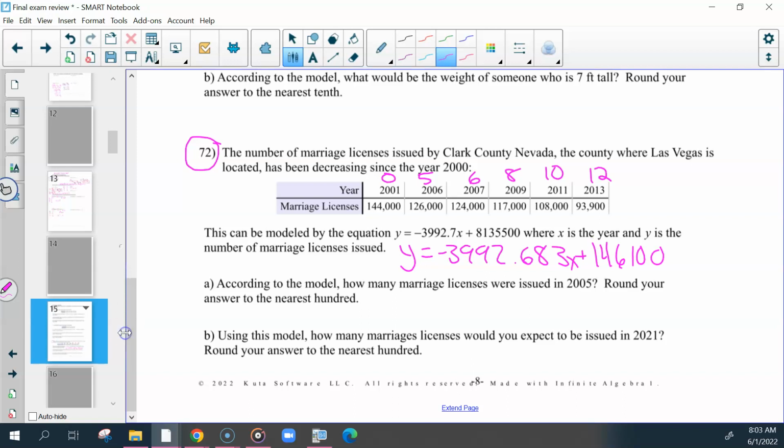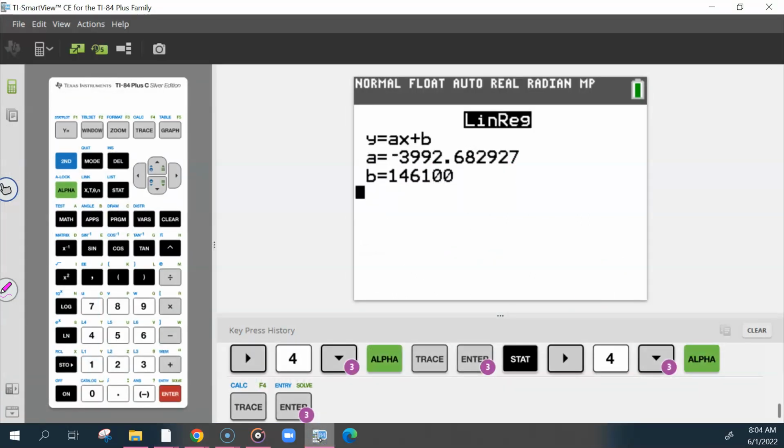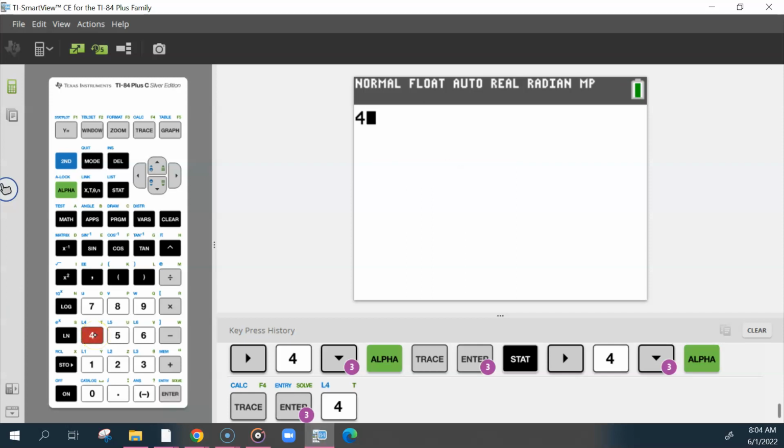And then to answer part A, we need to know how many years it has been from 2001 to 2005. And that's been 4 years. So on our calculator, we're going to store 4 as x. So if you're still on the screen, I'm just going to hit 4, and then this STO, and then x, and then enter.